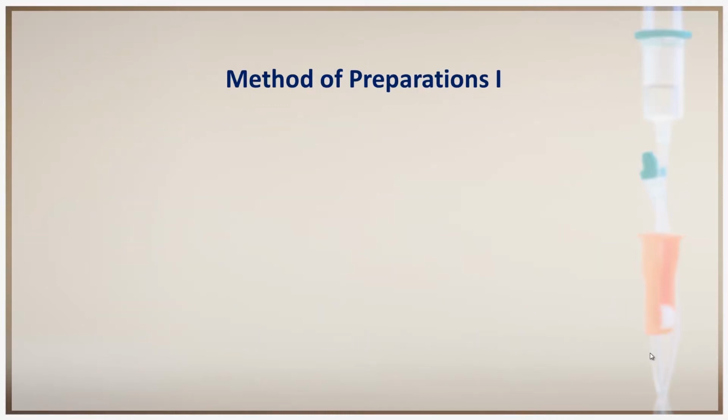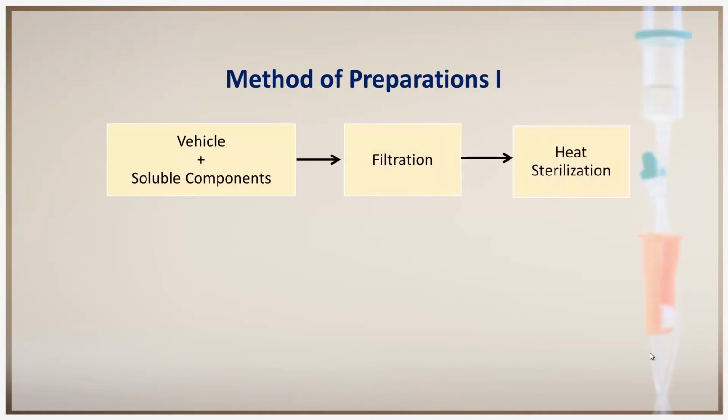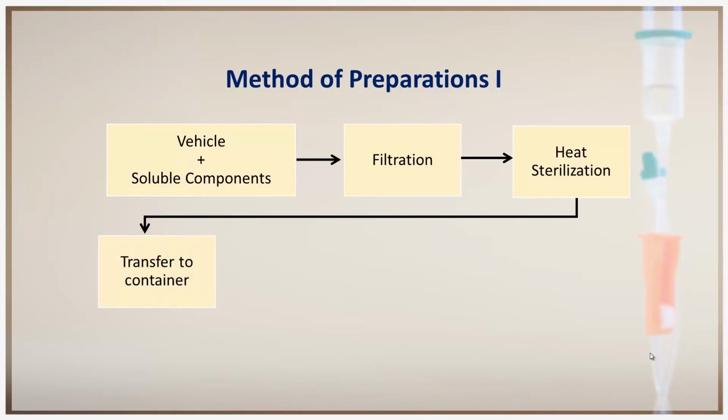Now, moving to methods of preparation. There are two basic methods used to prepare parenteral suspension. In the first method, for example in the preparation of procaine penicillin injectable suspension, an aqueous vehicle containing soluble components such as sodium citrate, povidone or lecithin is filtered through a 0.22 micrometer membrane filter, heat sterilized and transferred to pre-sterilized mixing and filling tanks.